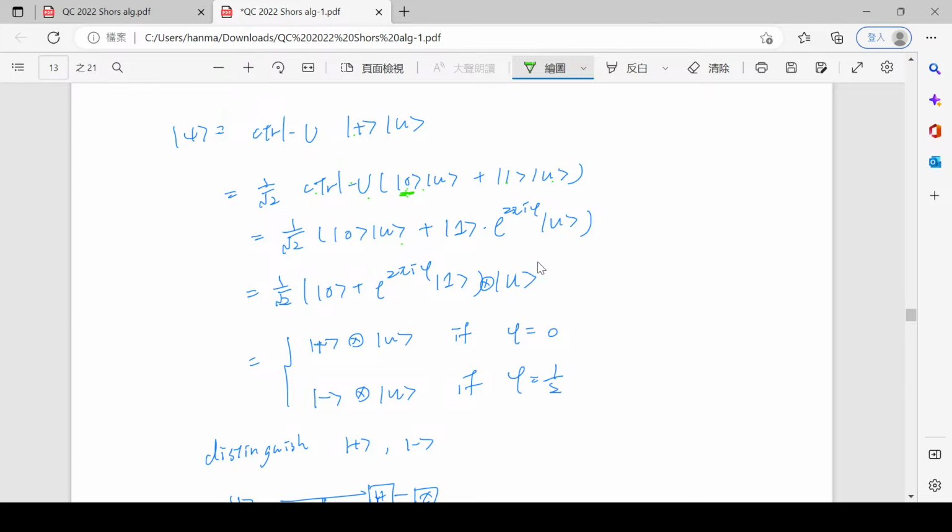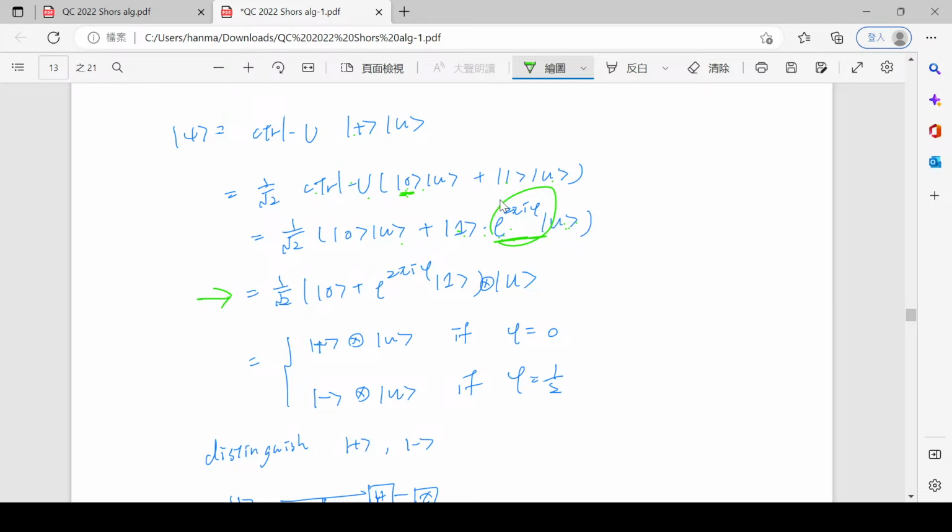Well, this small u is an eigenvector of U, so that should just give you the eigenvalue, which is this phase e to the 2 pi i phi. Right? And now this is the kickback step. Just like what we do in the Deutsch-Jozsa algorithm, you look at this 1 times e to the 2 pi i phi times u, and because it's a tensor product, you can multiply the phase on anything.